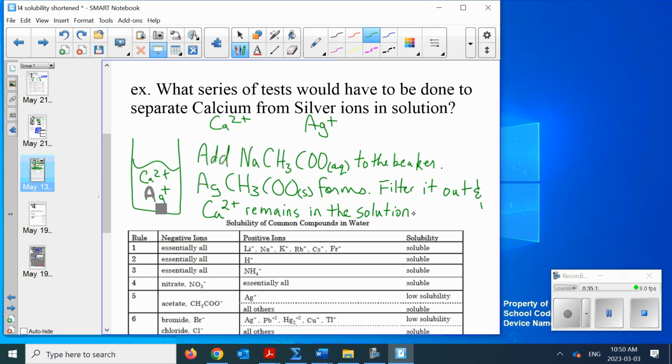Kind of see that reasoning? Yeah, that's why they calcium ions. So what happens is, all of a sudden, then you add this, and all the silvers turn into AgCH3COO.